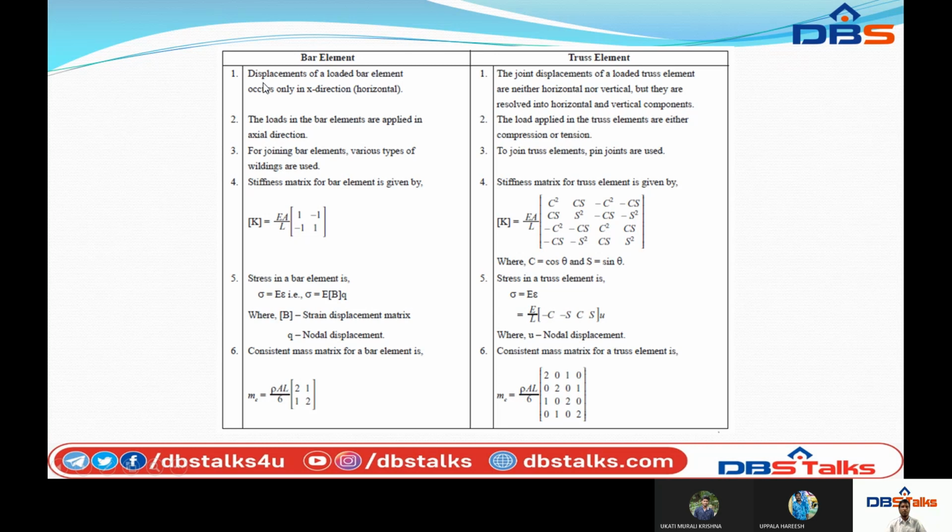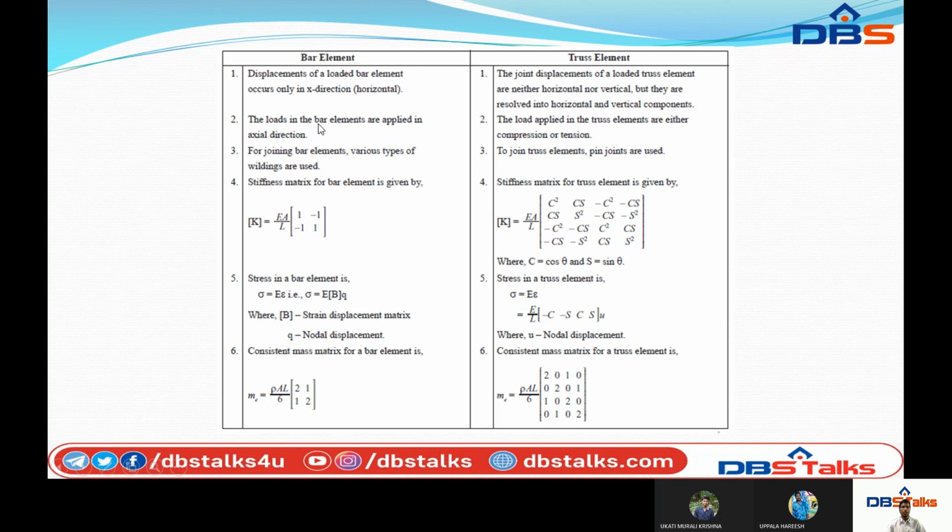First, coming to the bar element, the loads or displacements of the loaded bar element occur only in the x direction, that is, horizontal. But the truss element is in the horizontal or vertical direction, or resolved into horizontal or vertical.